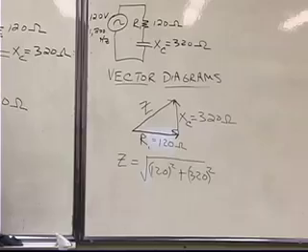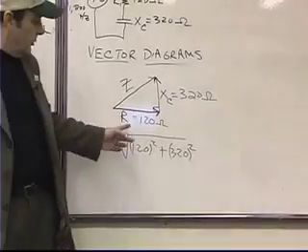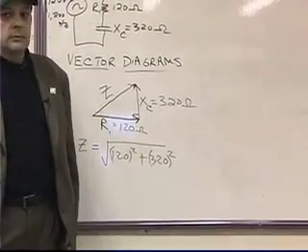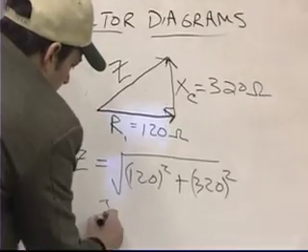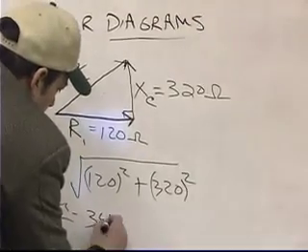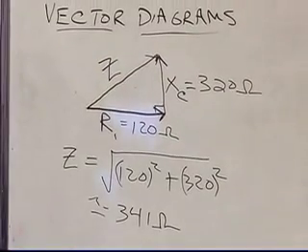So why don't you put that in your calculator and tell me what you get when you take the square root of the sum of these squares. Okay, I'm getting approximately 341 ohms. Is anybody else getting that?